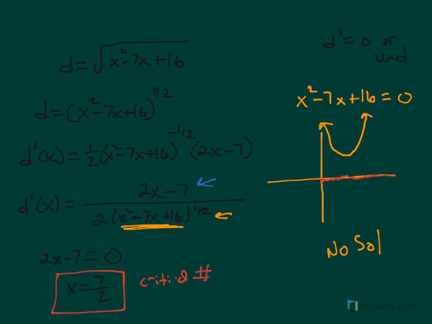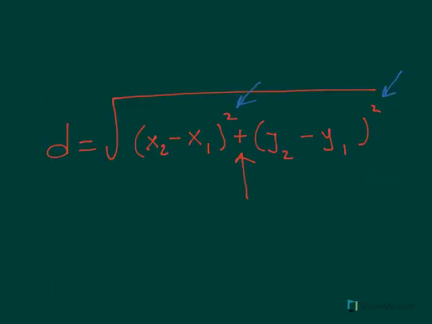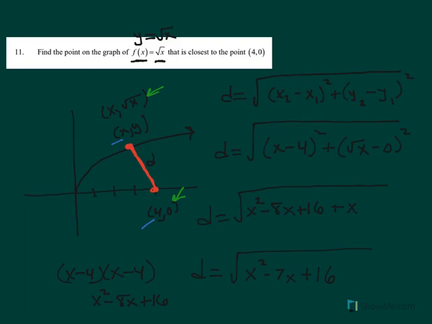So if we go ahead and go back and look at the original function for the distance, this was our distance formula. We were trying to minimize it. We know the minimum is going to happen where x is 7/2. So we know the x value now is 7/2.